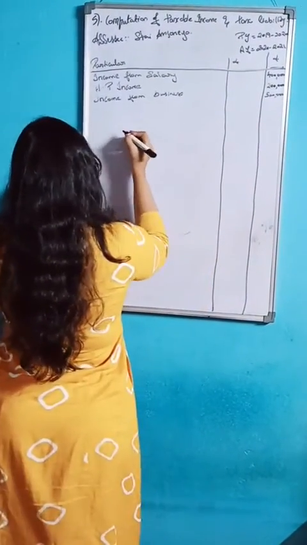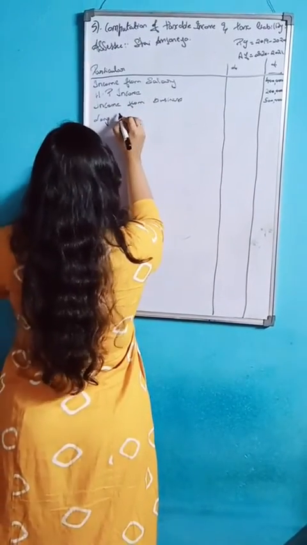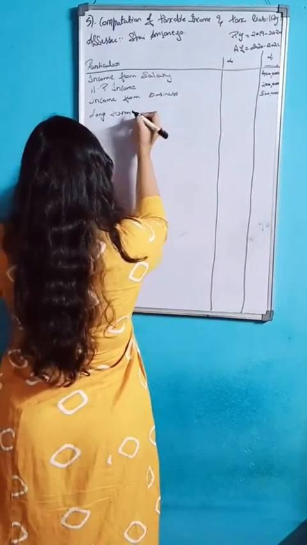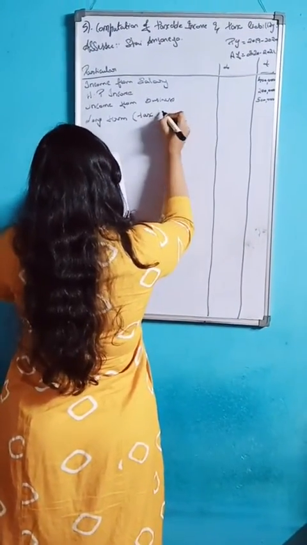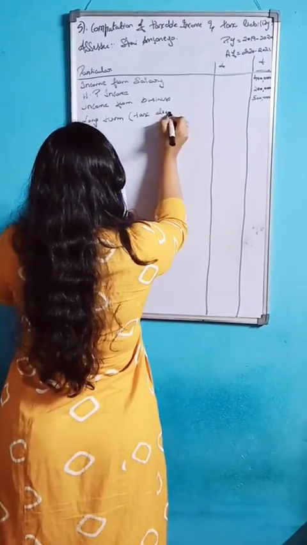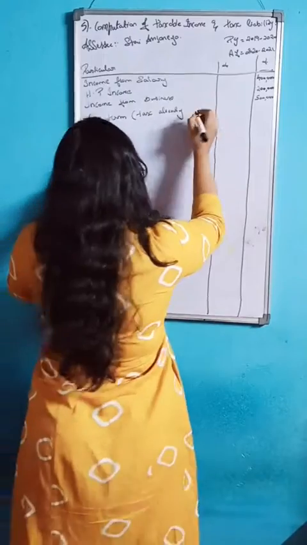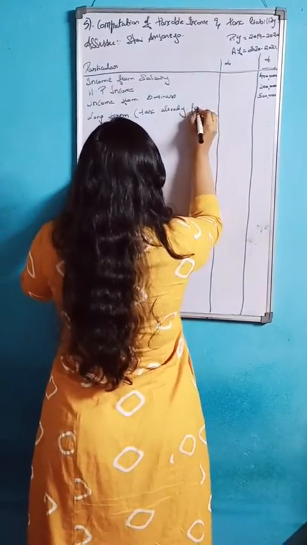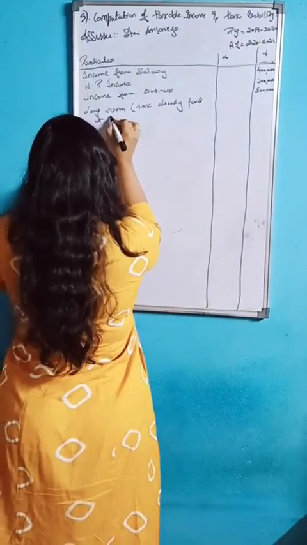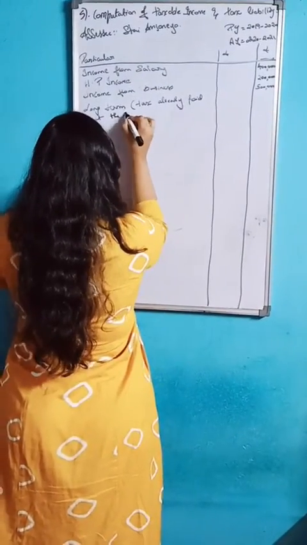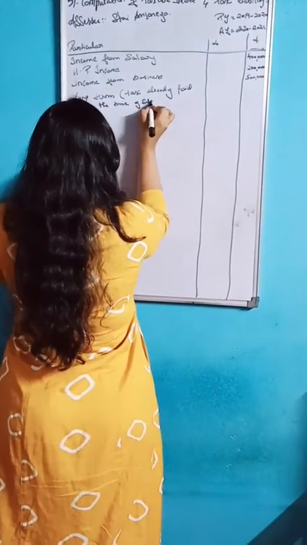So here long-term, that is tax already paid. We already paid, so we don't need to mention in amount column. Already paid at the time of sale.